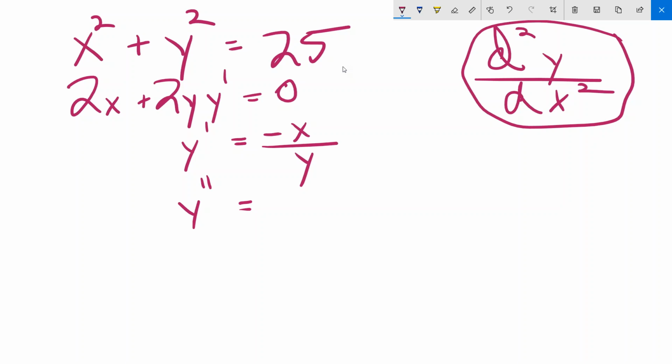Now we're trying to find it with respect to x. So would we use the quotient rule? Yep. It starts with what and ends with what?